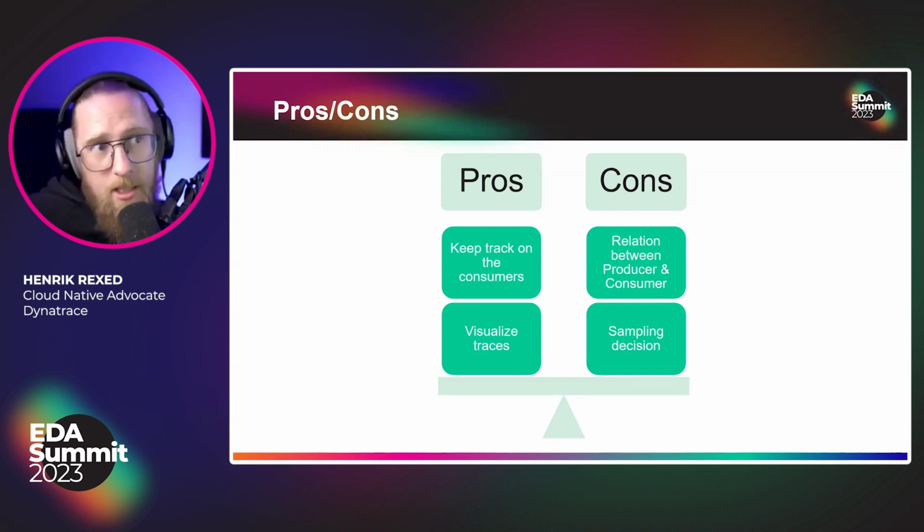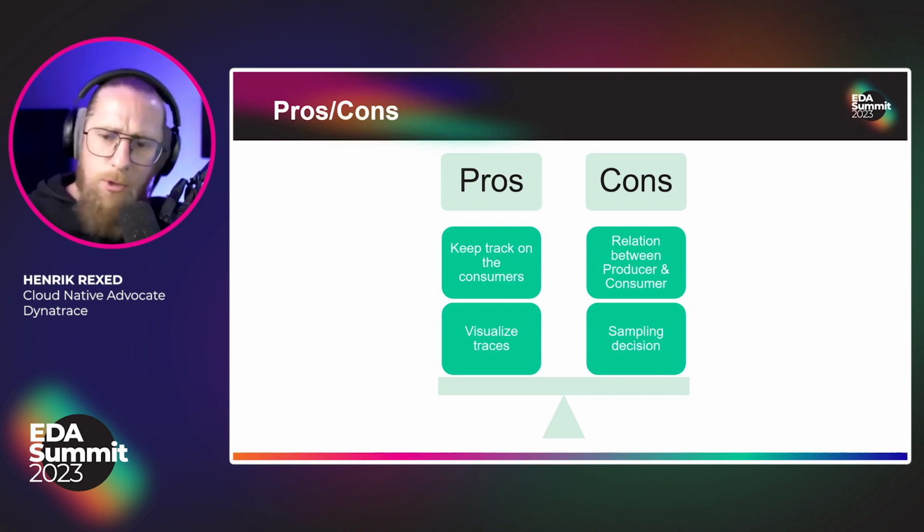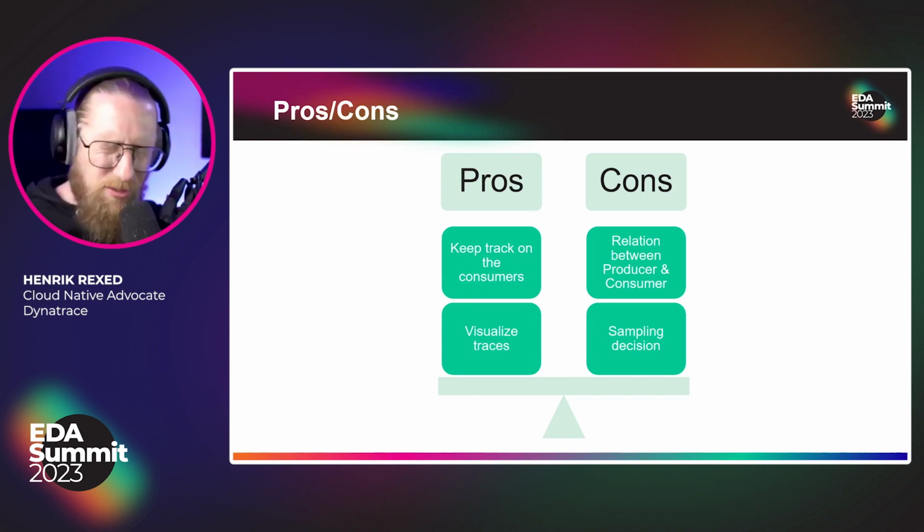If I use span links, first, I can keep track of my consumers and have more details on my publisher. I can visualize each individual trace properly, one by one. The cons: first of all, going from the consumer to the publisher is very easy, so I can easily click from the consumer to the publisher. That's fair enough.